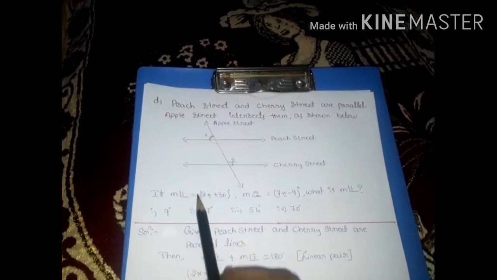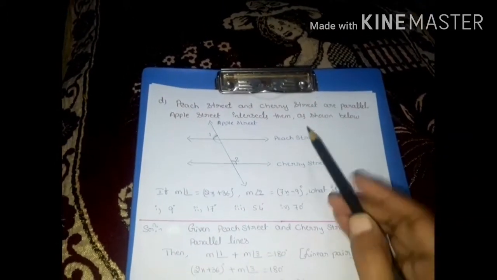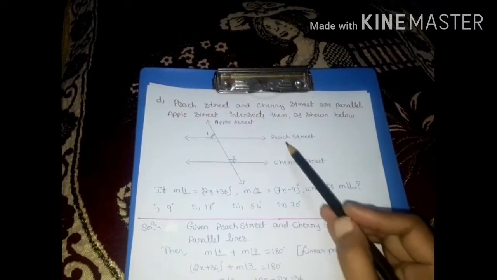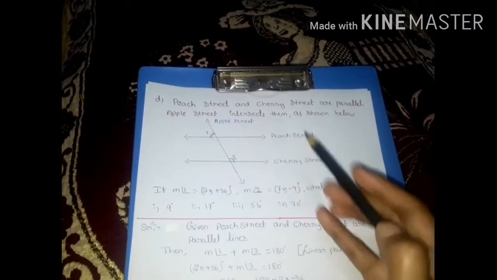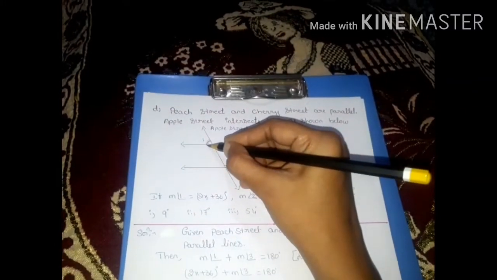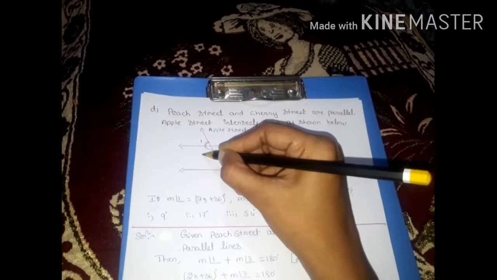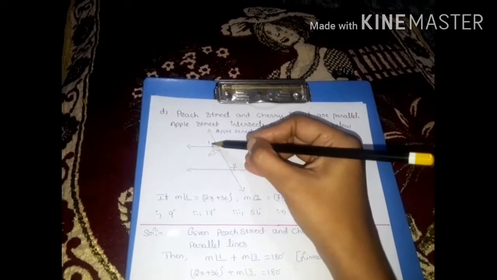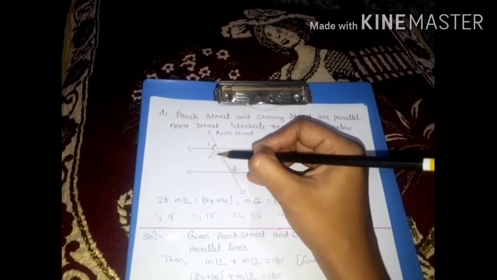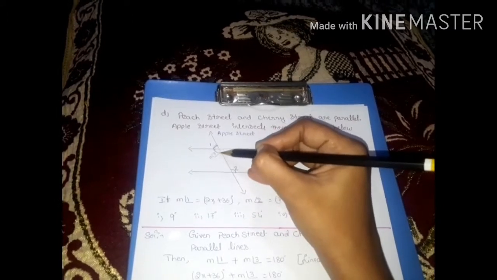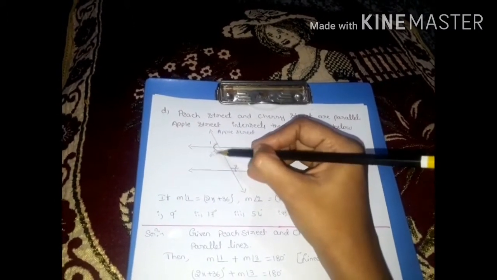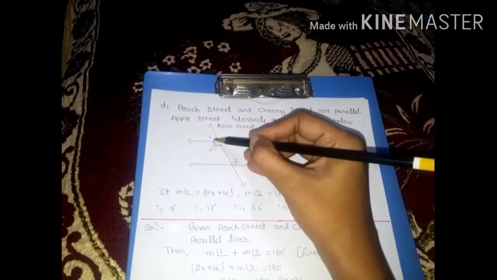First, what is given here? Peach Street and Cherry Street are parallel to each other. Now, I am going to consider this angle as m angle 3. This is m angle 1. These two angles form a linear pair, meaning the sum of these two angles is equal to 180 degrees.